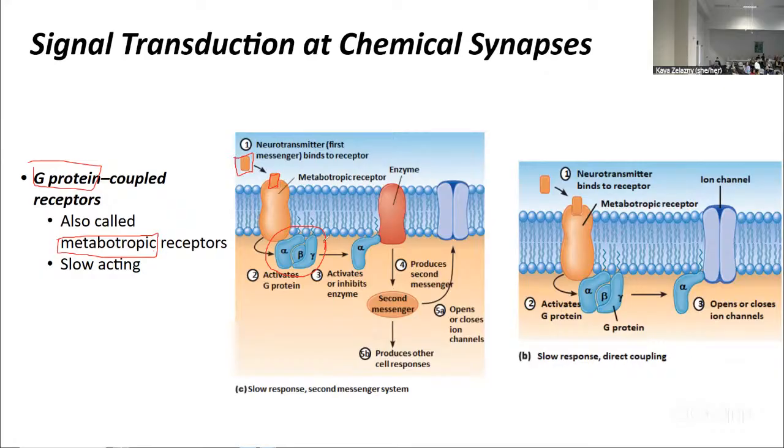Right, so we're basically just labeling them ABC in Greek. Okay. So that's our G protein. What happens when our neurotransmitter binds into the top of this metabotropic receptor is that our G protein starts to break up.